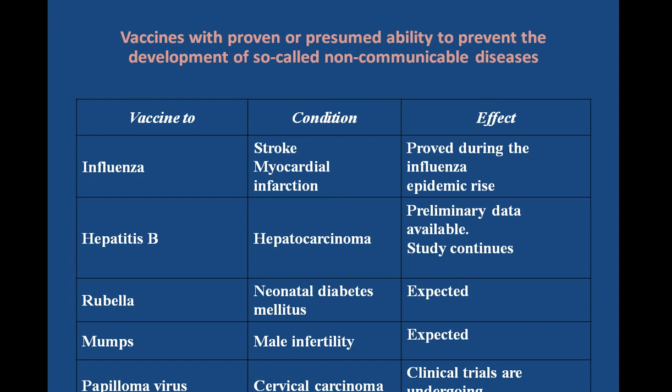Vaccines that have proved or presumed ability to prevent the development of so-called non-communicable diseases. Vaccine to influenza: cardiovascular conditions, stroke, myocardial infarction, effect proved during the influenza epidemic rise.